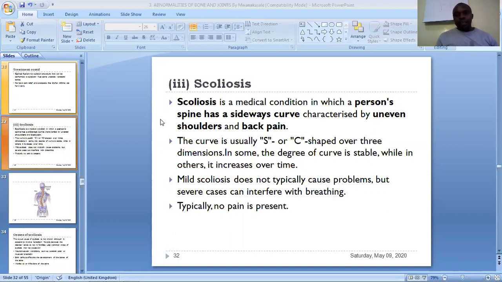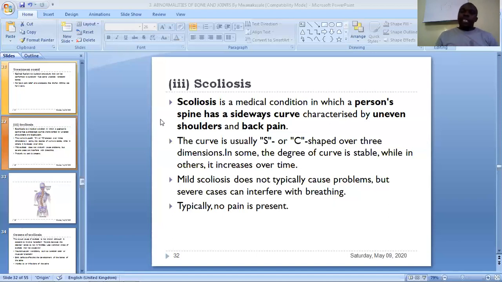So number 1, let's look at scoliosis as one of the abnormalities that actually affects the bones. What is this scoliosis? Now, before we go into details, you need to have some objectives.